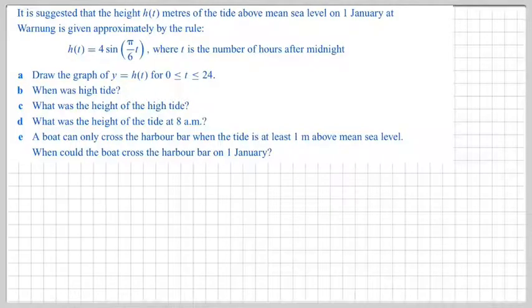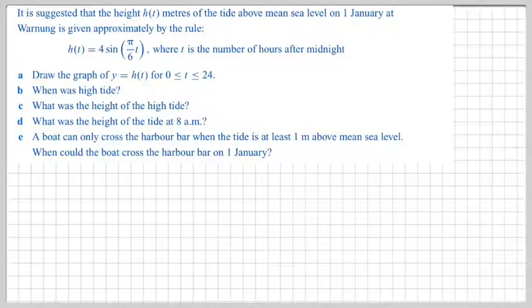We've got to then tell them when was high tide in B, and then in C we've got to find the height of the high tide. In D, what was the height of the tide at 8 AM? Pretty straightforward so far. And then E, our boat can only cross the harbour bar, sandbar thing, when the tide is at least 1 metre above mean sea level.